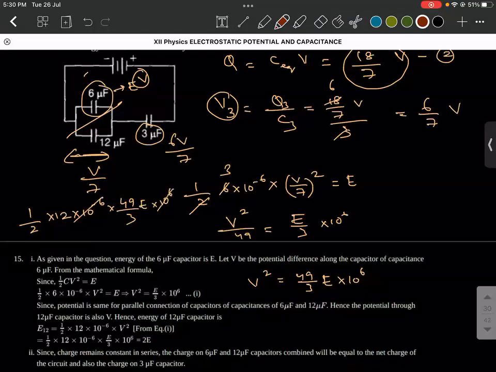This and this will get cancelled. Now it is going to be 4. Oh, sorry, 6, so this will go 2. So 2 means, is it 98 E? That's a very, very high value. Did I make any mistakes? If the energy is E here, it cannot be 98 times at all.